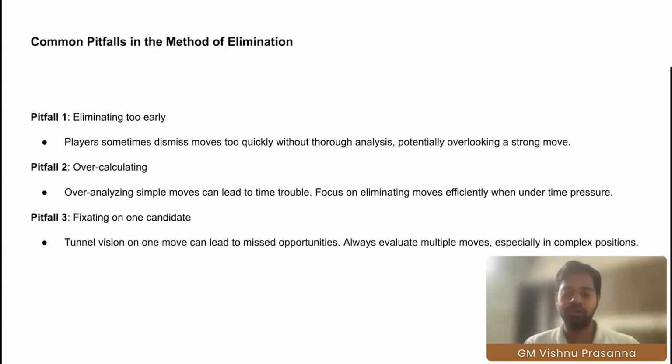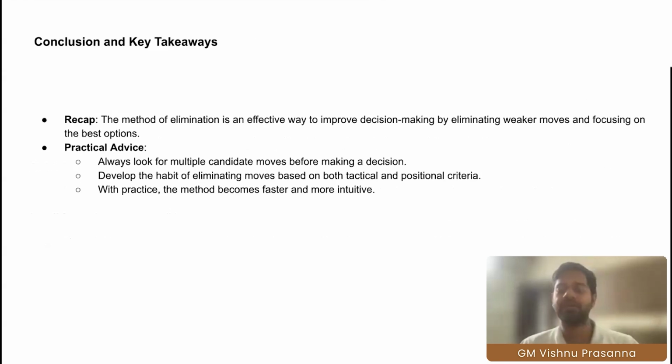So read through these again as you will receive this material in the Telegram group. It is a simple way to speed up the method of calculation, speed up decision making. The best way to work with it is look for multiple candidate moves and learn to eliminate them for positional and tactical reasons. So the last point is the most important. With practice, the method becomes much faster and much more intuitive.